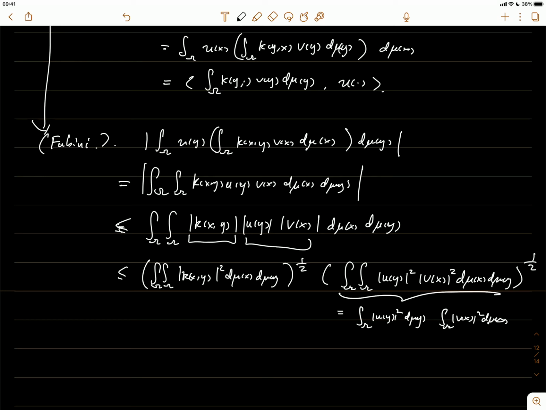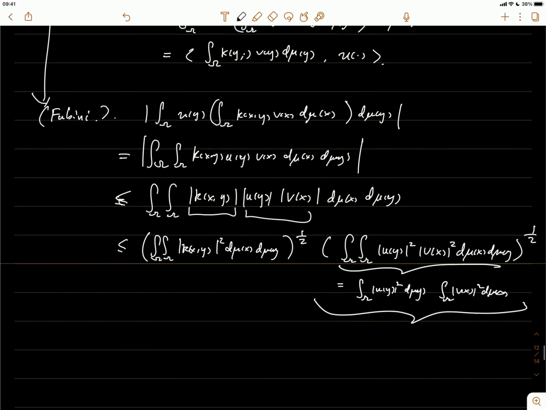Okay, and then you have the square root outside. So this whole thing with the square root is just the u norm times the v norm in the L2 space. And this is something finite. Okay, so the whole thing is just finite.